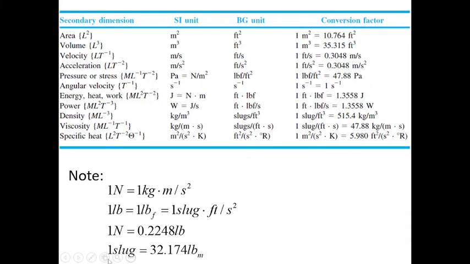So dito, dahil ang slug ay mass, okay, therefore, ang pound na to, ang lb na to, lalagyan natin ng subscript na m, denoting that it is a mass. Okay? Ito ay mass. So, 32.174 pound mass is equal to 1 slug.